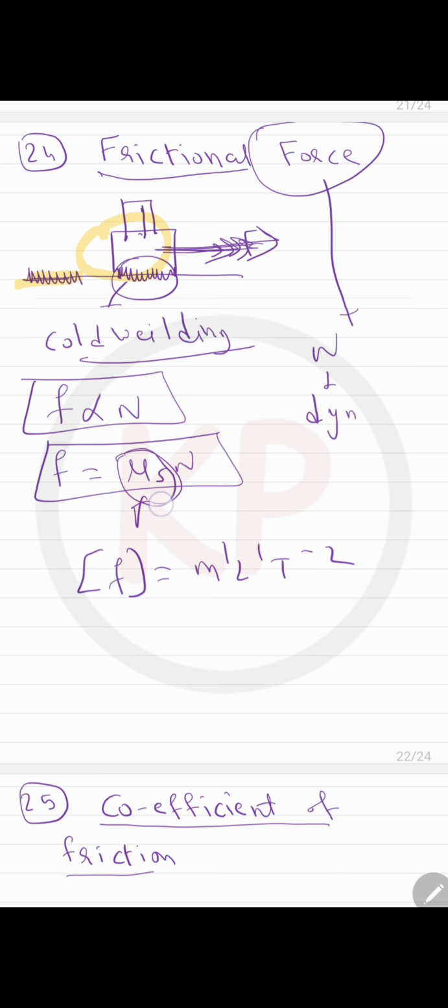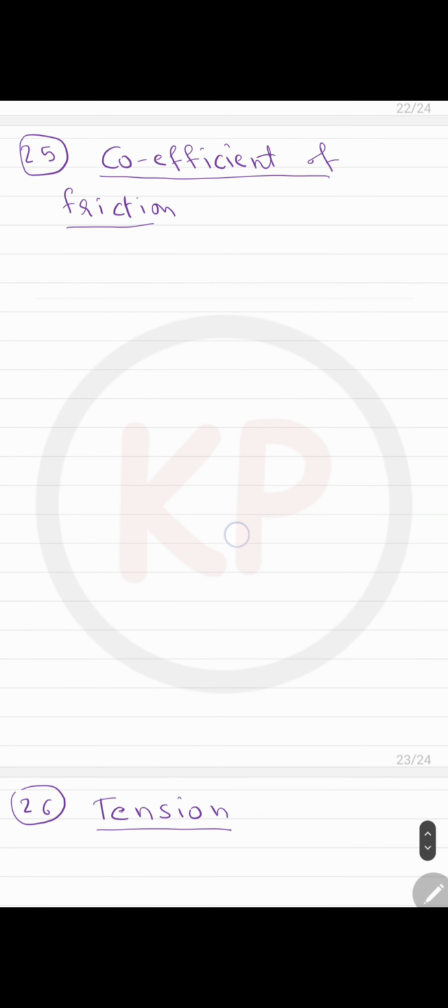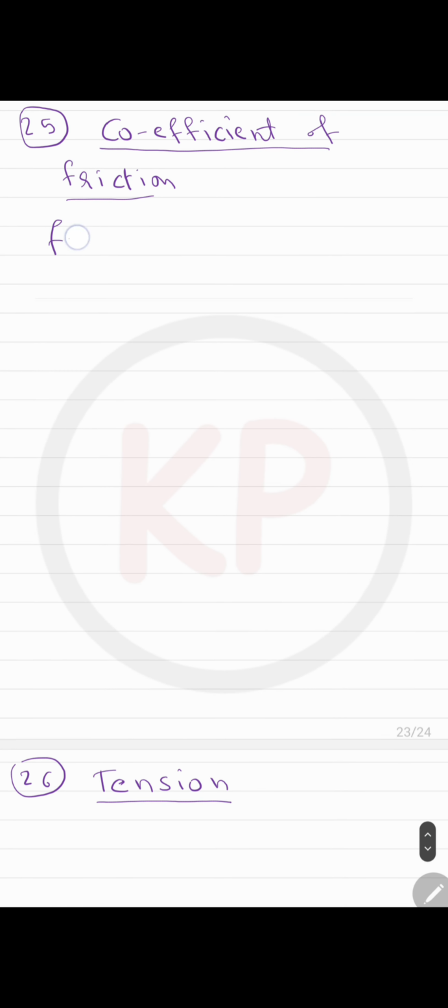Let's see what is mu s. Mu s is the coefficient of friction. Again, F is equal to mu s N when the object is stationary. If we are pushing that object and it comes in motion, some sort of frictional force is acting on it, and that frictional force depends on the type of material, and that property is called coefficient of friction. So coefficient of friction, mu s, is equal to F by N. The unit of frictional force is Newton.